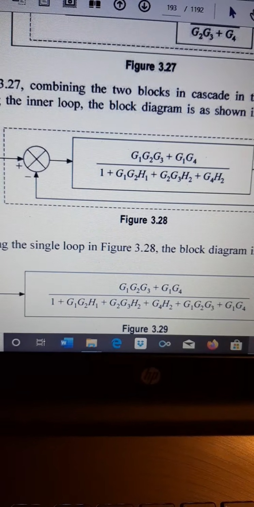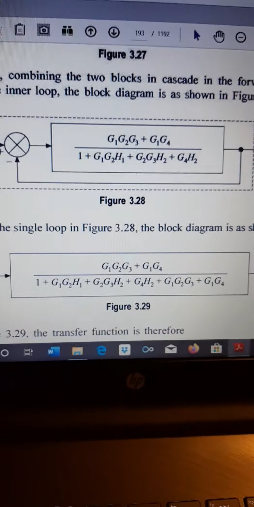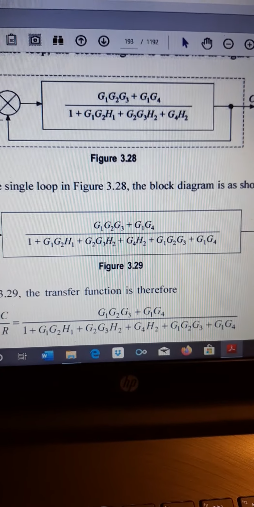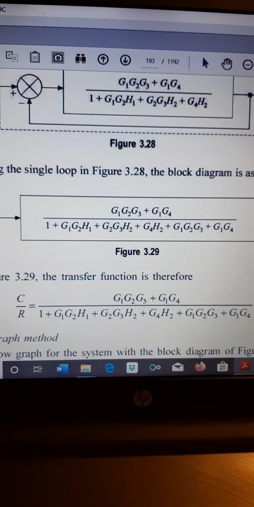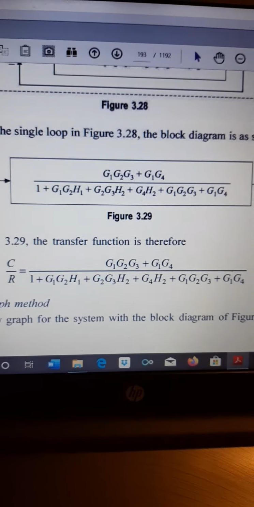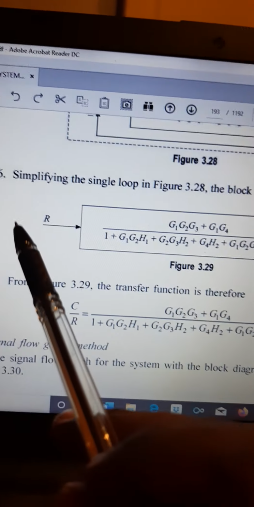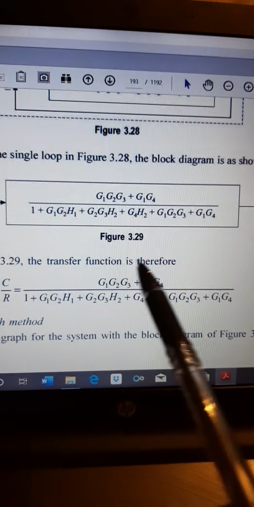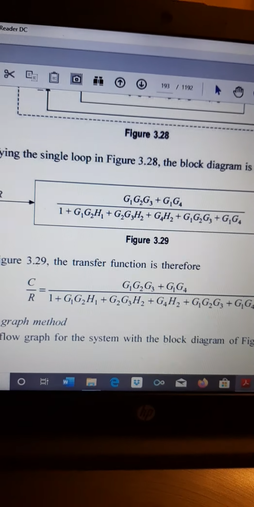When you are rearranging, you will get it like this. So all of you, try it parallelly. Now C by R: here it is C, here it is R. You are getting the transfer function like this.